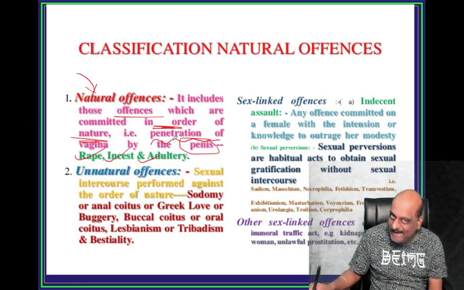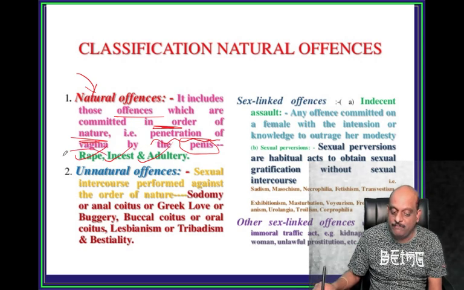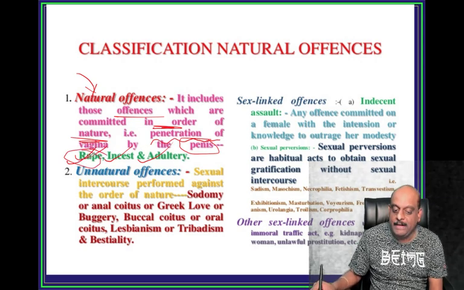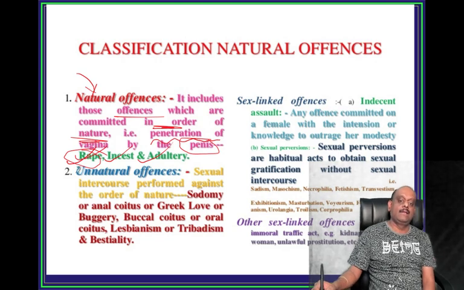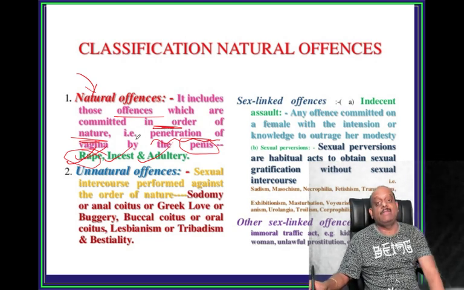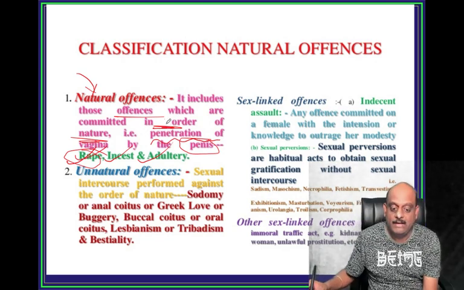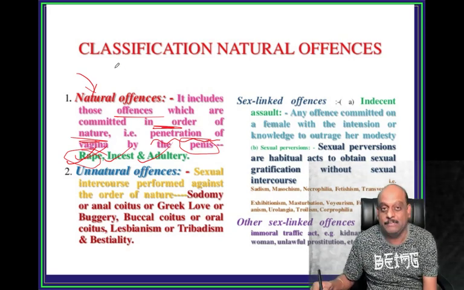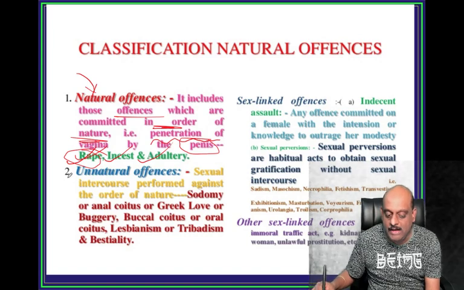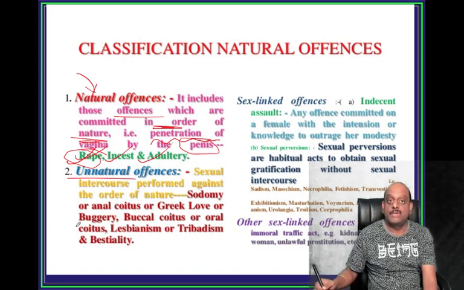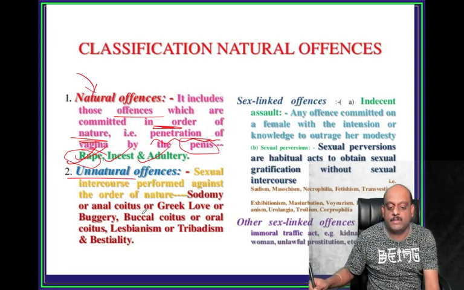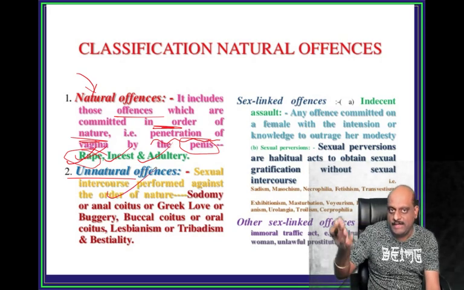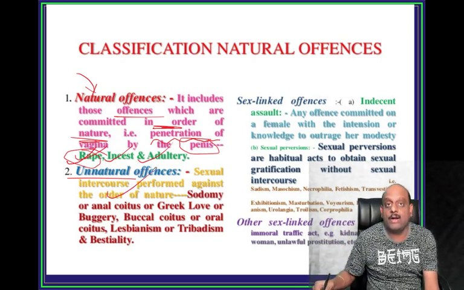Rape, incest, adultery, everything. To define it as rape, penetration of the vagina is required. That is the reason a man can rape a woman, but a woman cannot rape a man. Now, unnatural offences: sexual intercourse performed against the order of nature.